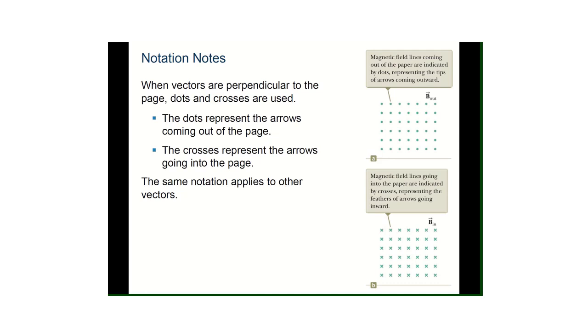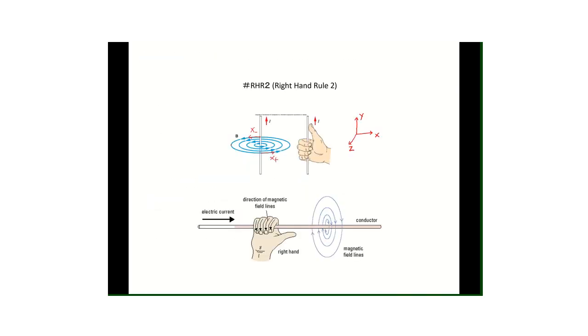Then if we come back to the first case, if I want to draw the direction of the magnetic field at this point, we know that the direction is going into the page, so the symbol is a cross symbol. In this area is a cross symbol.